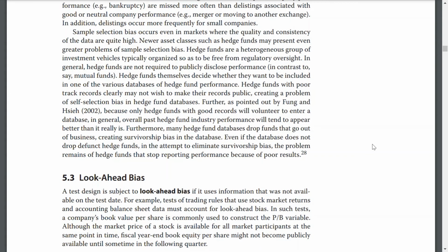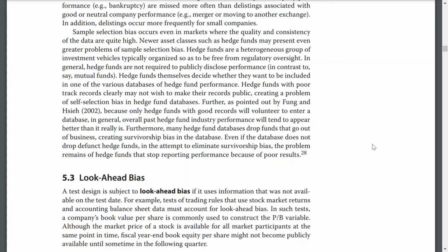Newer asset classes such as hedge funds may present even greater problems of sample selection bias. Hedge funds are a heterogeneous group of investment vehicles typically organized so as to be free from regulatory oversight. In general, hedge funds are not required to publicly disclose performance, in contrast to, say, mutual funds.